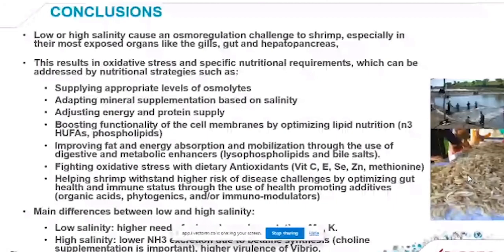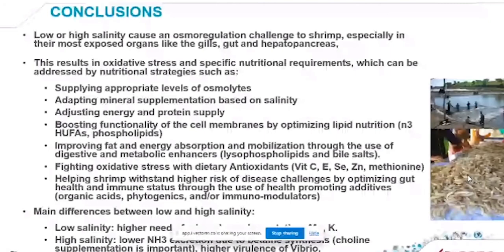So this results in oxidative stress and specific nutritional requirements, which can be addressed by nutritional strategies such as supplying appropriate levels of osmolytes, adapting mineral supplementation based on the salinity that you're farming, adapting the energy and protein supply, and boosting the functionality of the cell membrane by optimizing lipid nutrition with the help of omega-3 fatty acids, phospholipids, and even emulsifiers, so you have a better use of your omega-3 fatty acids inside the body.